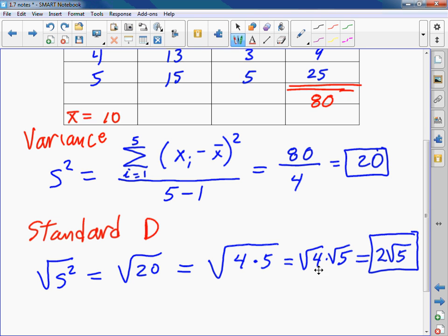And then what's the square root of 4? Okay? And it is 2. So instead of square root of 4 times square root of 5, it's 2, whole number 2 times square root of 5.